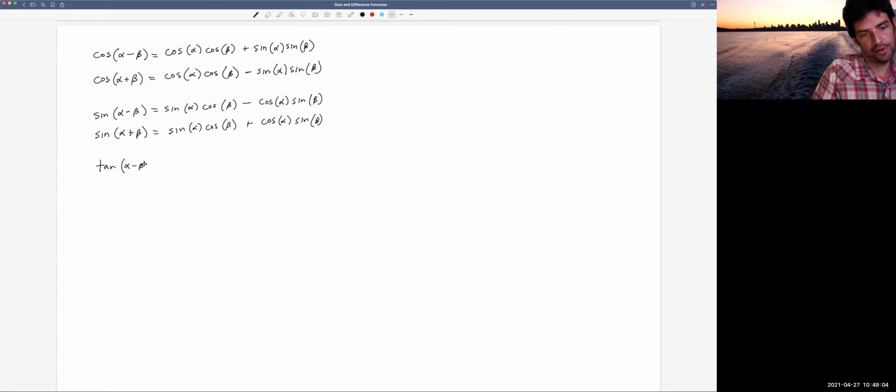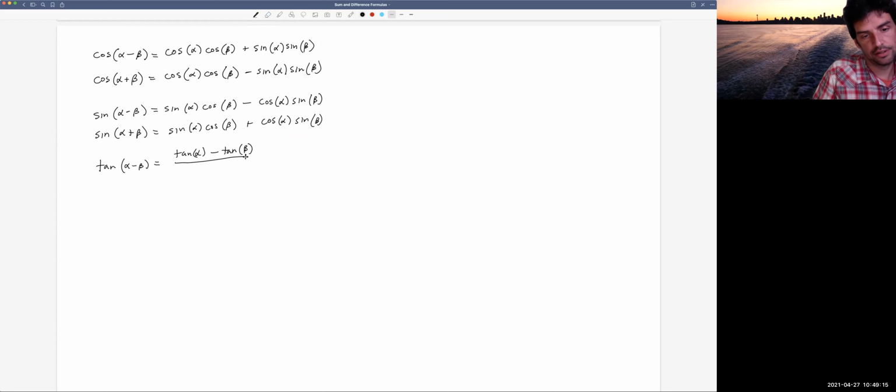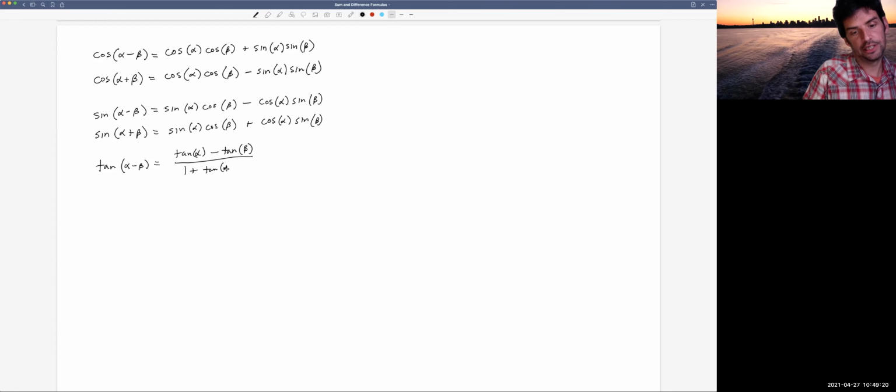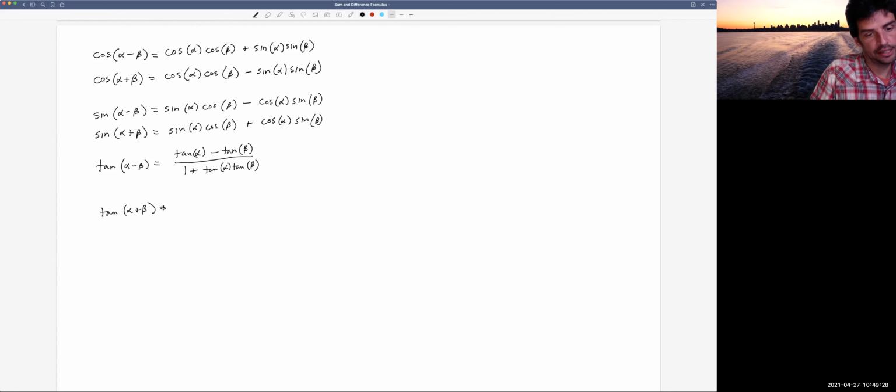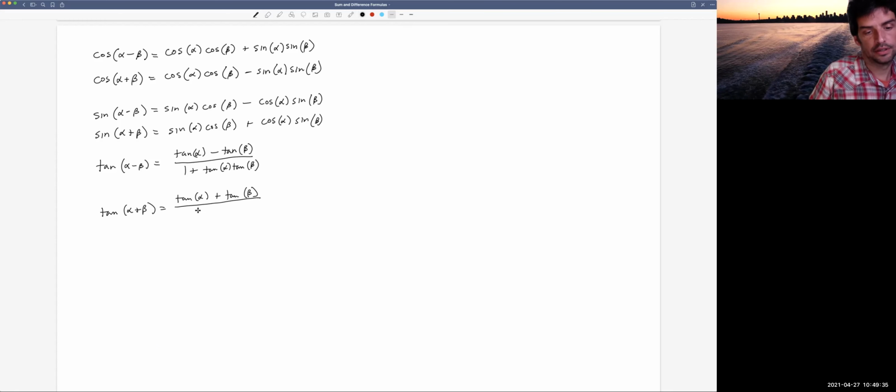Tangent of alpha minus beta is going to be tangent of alpha minus tangent of beta, divided by 1 plus tangent alpha tangent beta, and tangent of alpha plus beta is going to be tangent of alpha plus tangent of beta, over 1 minus tangent of alpha tangent of beta.